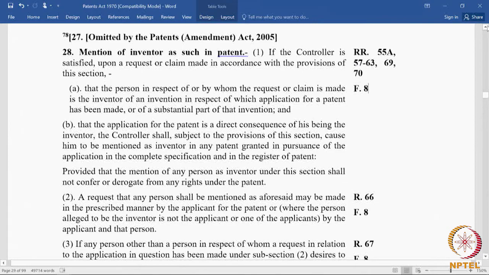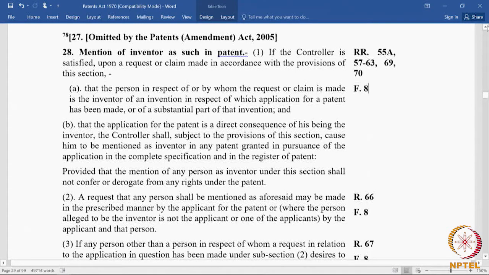A right of co-owners is discussed in section 50 of the Patents Act. So, in this provision we are not even talking about the rights of the co-owners. We are only on the point of a person who invented the invention was not mentioned as the inventor. He can request the controller to have his name mentioned as the inventor.